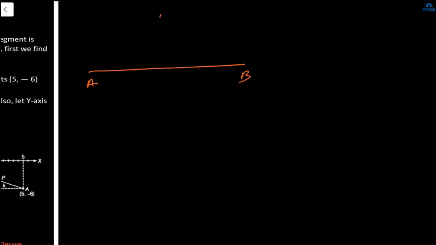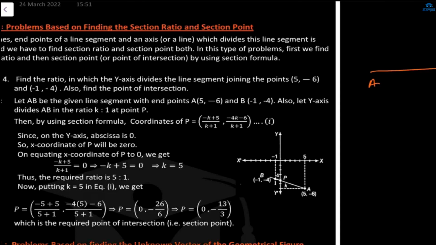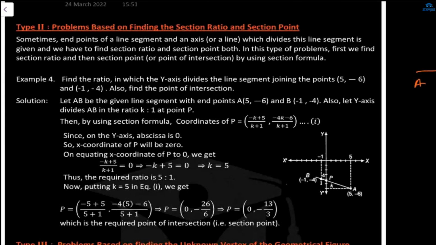For example, this is your AB, and now one line is actually dividing it. This line is going to divide it, so this is your section point. It's written here: an endpoint of a line segment and an axis or a line which divides this line segment is given, and we have to find the section ratio and section point.